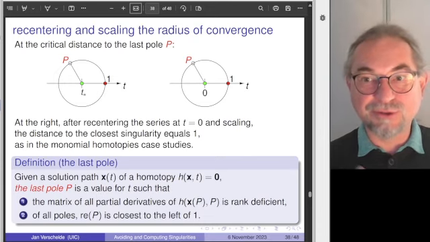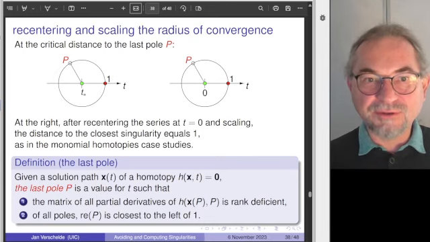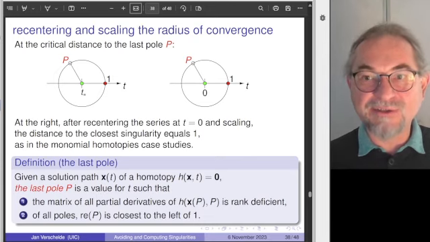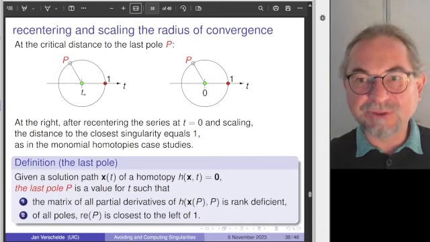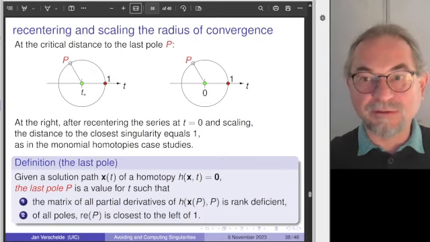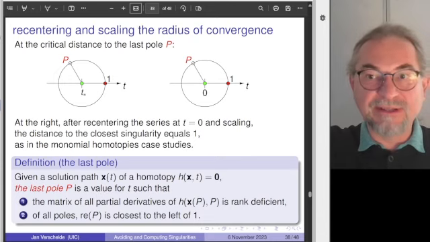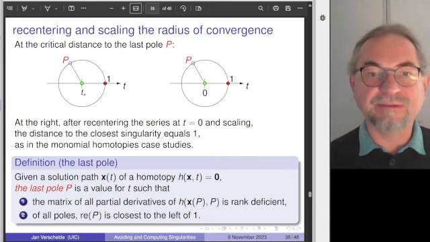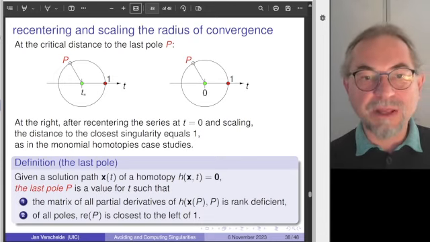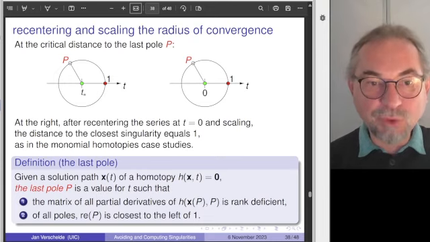So you are at 0.999, and your nearest singularity is no longer this red P here, no longer has an imaginary part. So it's actually 1.000, and then the imaginary part is getting very, very small. So this is the notion of a last pole.